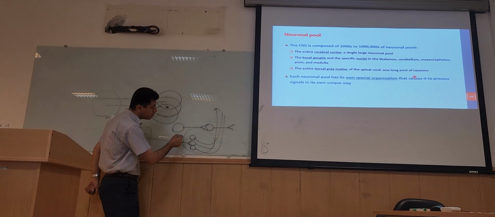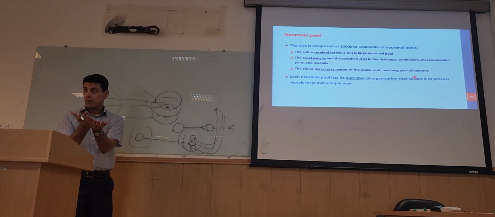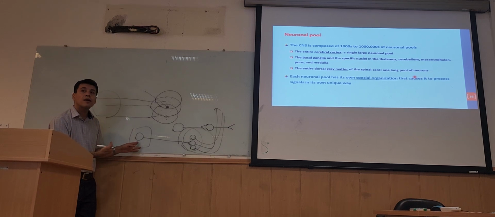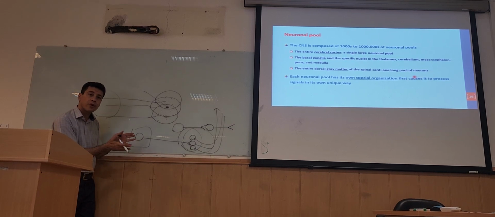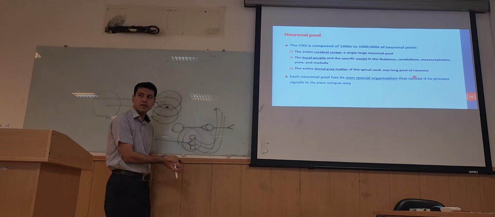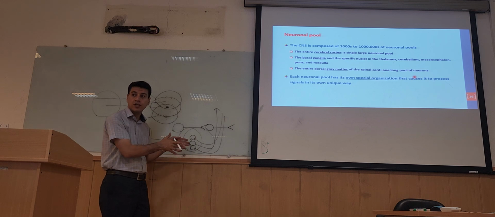So we have a neural pool here, a collection of neurons. So the information from a single incoming neuron spreads to a large number of neurons in the spinal cord. And the arrangement of these neurons is important for us.